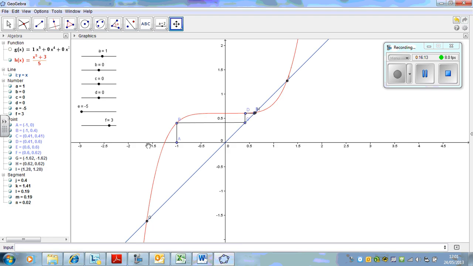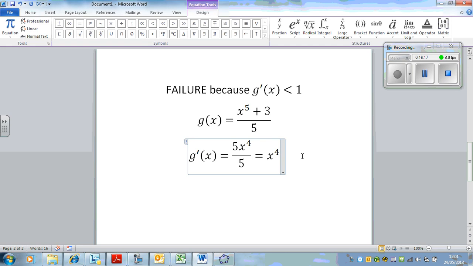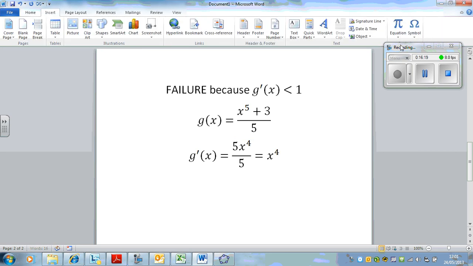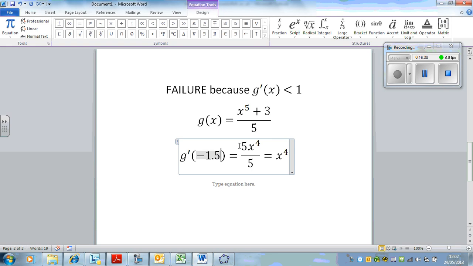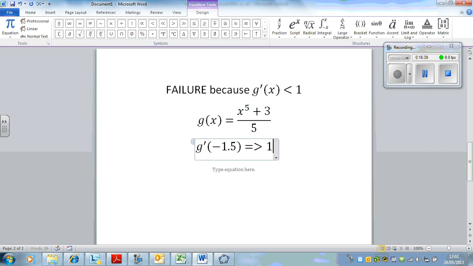Now we know that root, let's say minus 1.5, we know g of minus 1.5 in this case is definitely going to be bigger than 1.